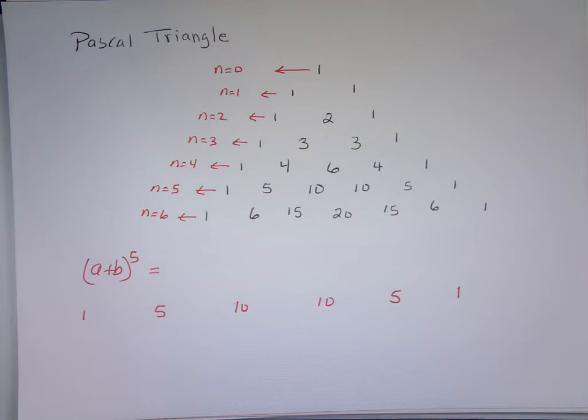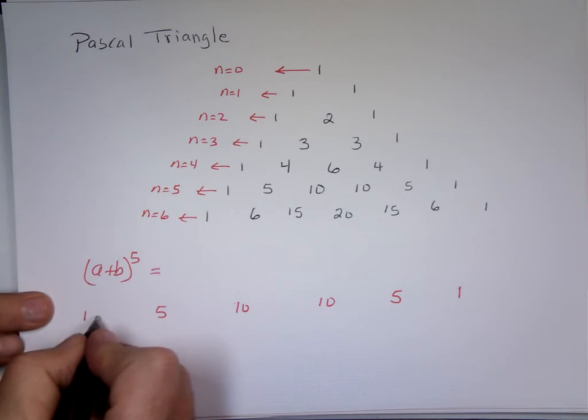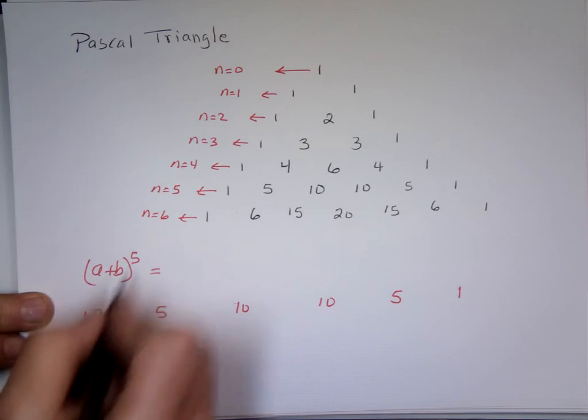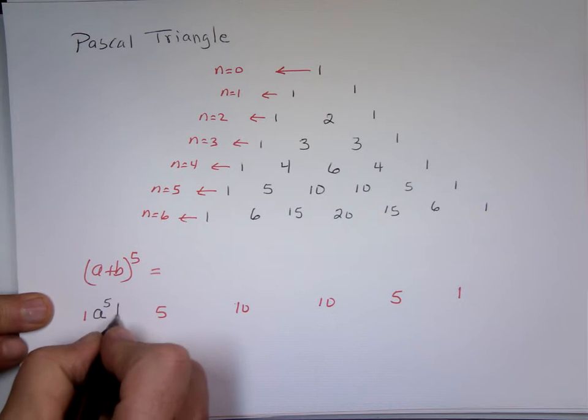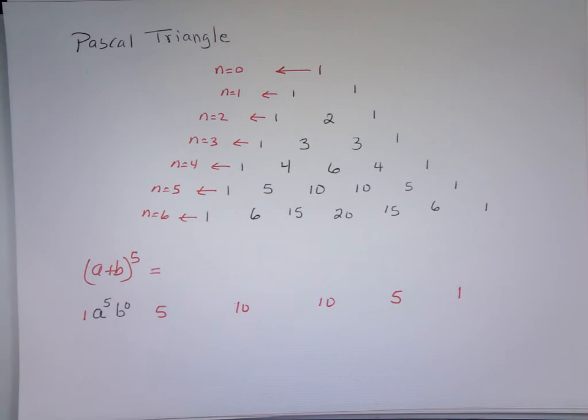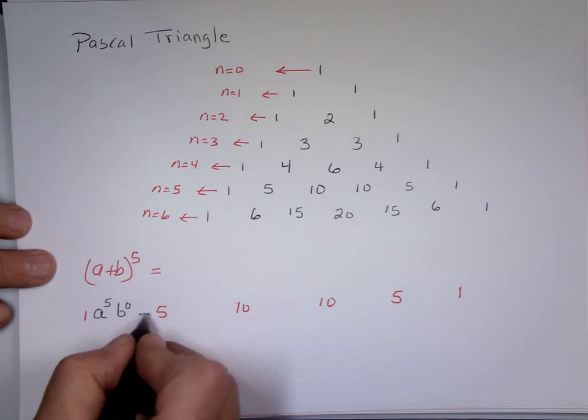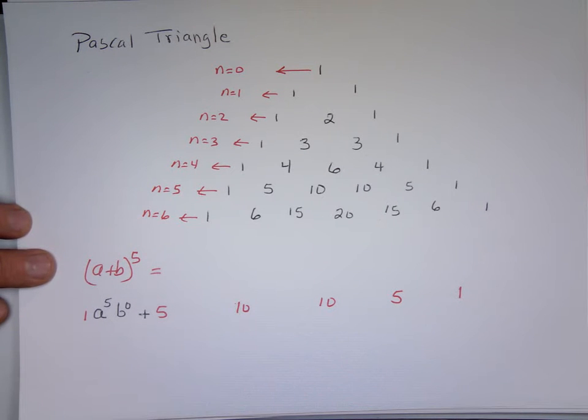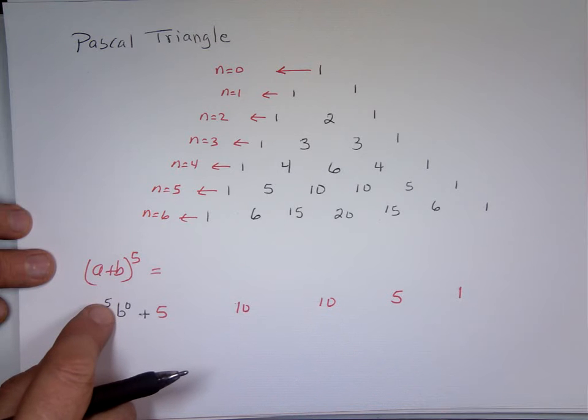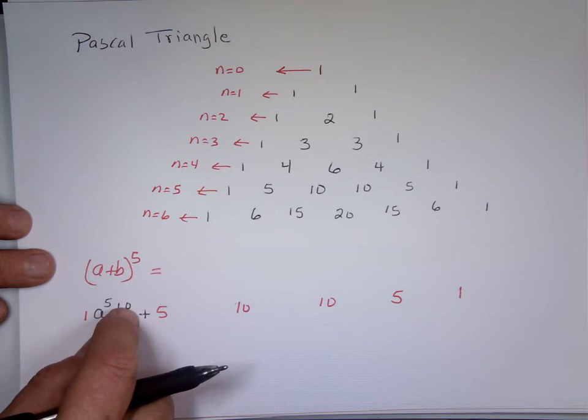Now, start with a. Start with a raised to the power of n, which is 5, and b to the 0. And after that, it's always a plus. After that, each time, reduce the power of a by 1, increase the power of b by 1.